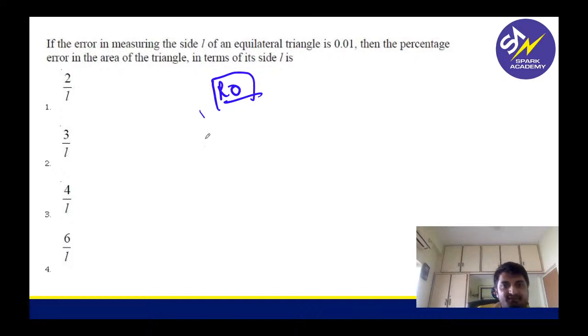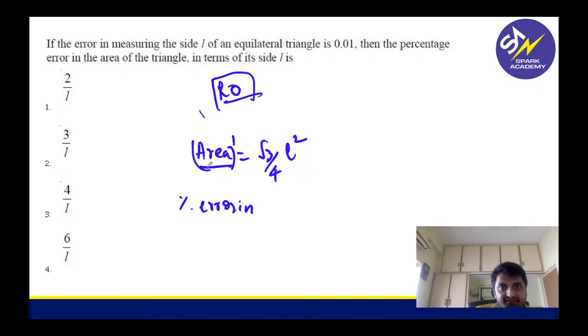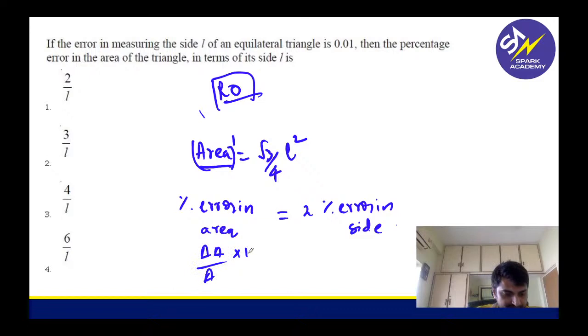Yep, easy. What is the area of an equilateral triangle? Root 3 by 4 a square, or L square I can write. So you know the errors shortcut. Percentage error in area will be 2 times the percentage error in the side. That's it. Or in other words, delta A by A into 100 will be 2 times delta L by L into 100.